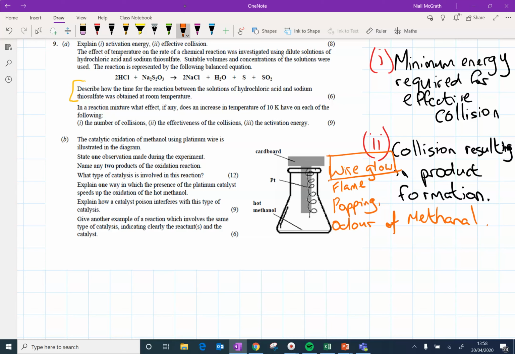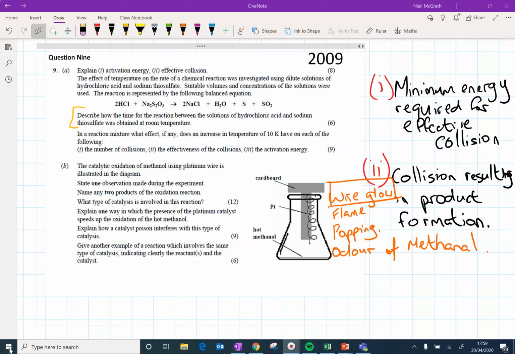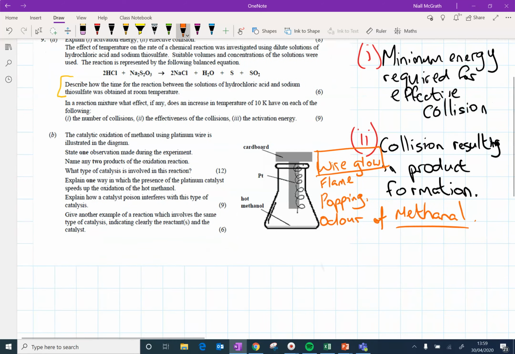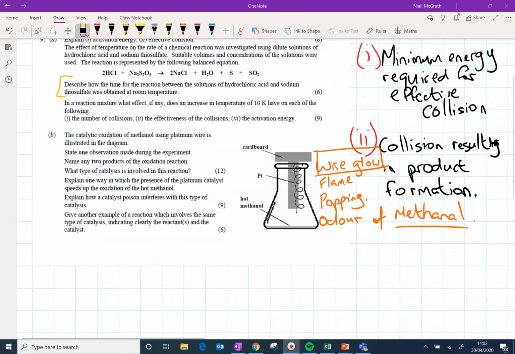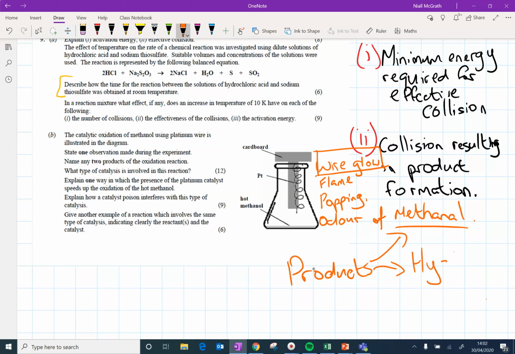Name any 2 products of the oxidation reaction. We mentioned one there: methanal is one product. Another product is hydrogen.